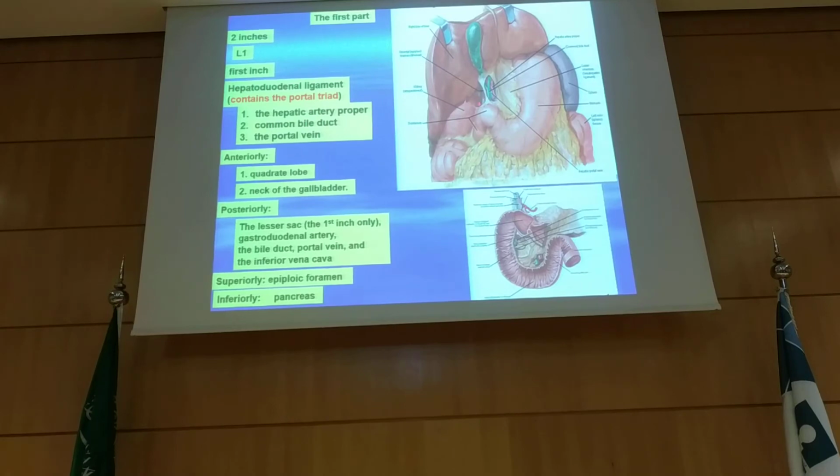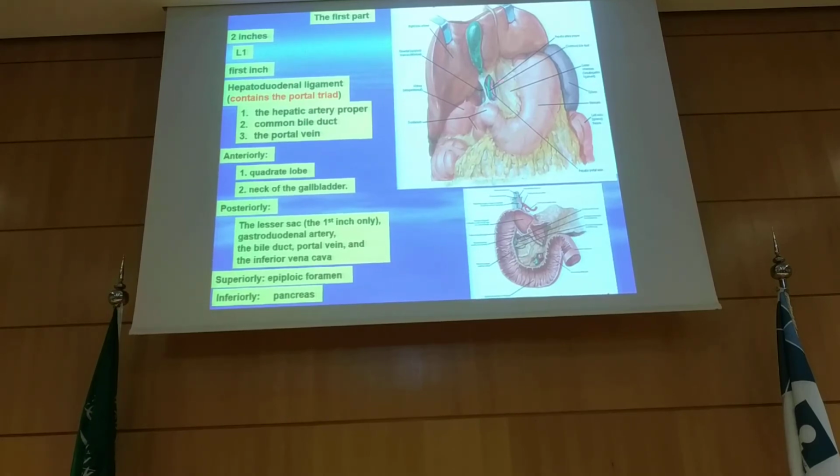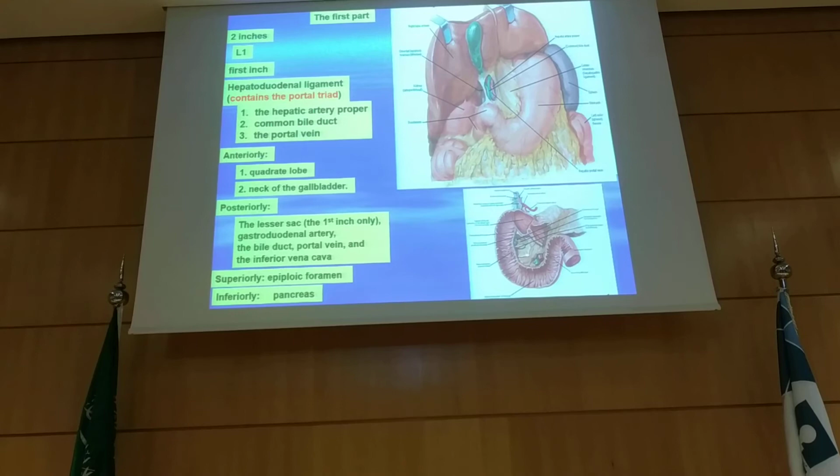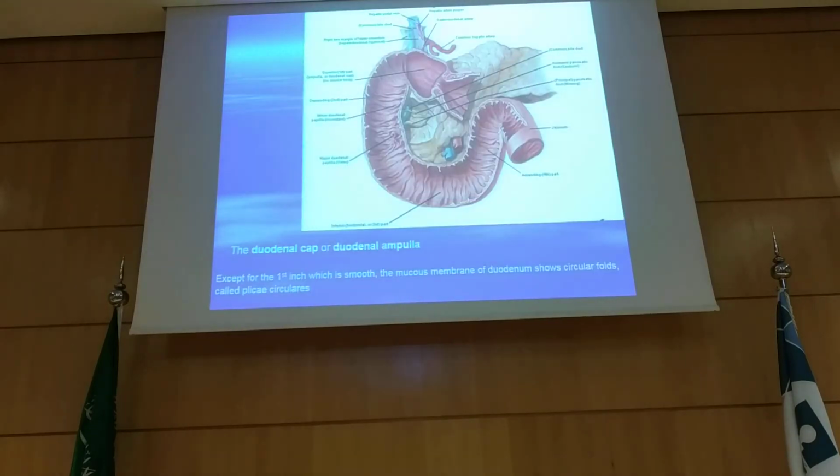You can insert your fingers in there. It goes to the space behind the lesser omentum and the stomach. What do we call that space behind these two? The lesser sac. Okay? Now, inferior to the first part of the duodenum, of course, is the pancreas. Okay?